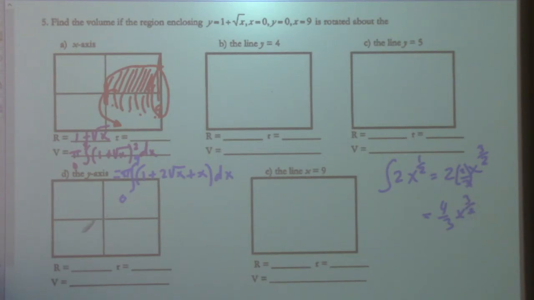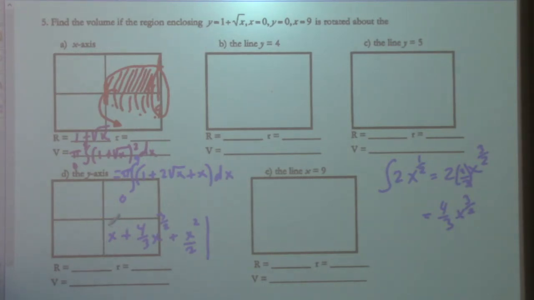And so now integrating this, you have pi, and then you have just x here, because we have 1x. And here, we're going to have plus 4/3 x to the 3/2, and then plus x squared over 2, and then we're going to evaluate between, oops, I meant to take away the sign here.